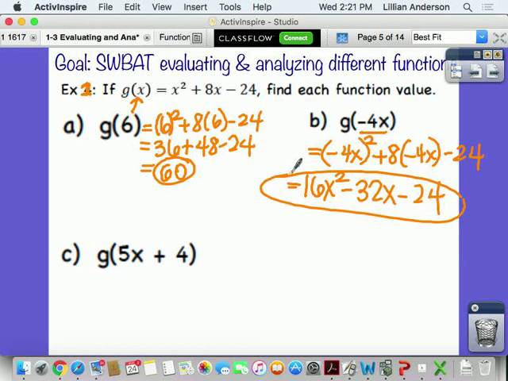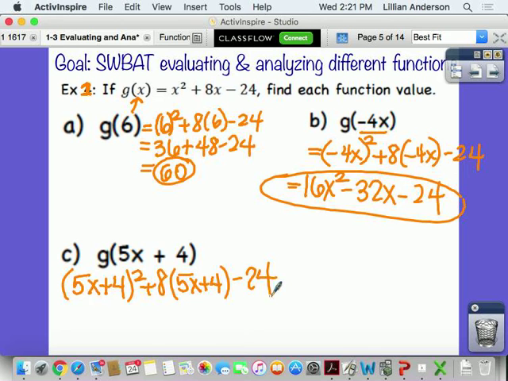This one, same thing. We're going to plug in 5x plus 4 into x. I'm going to include my parentheses. And now, let's see who's going to get the 5x squared plus 4, or 5x plus 4 squared.